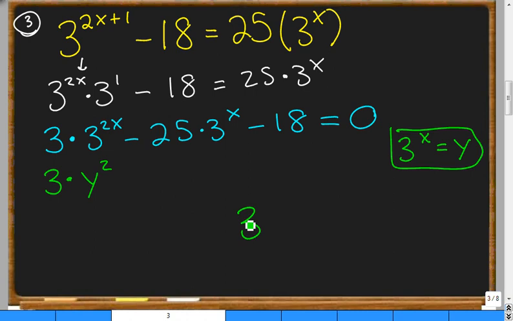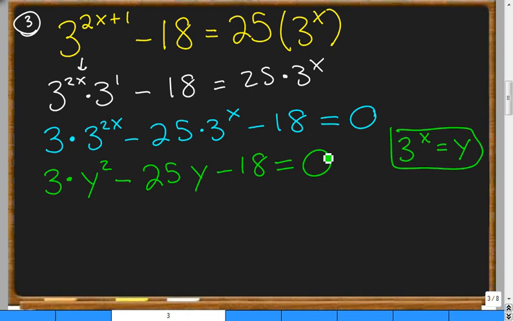Again, 3 to the x squared is 3 to the 2x, so since this is y, it follows that y squared is 3 to the 2x. That's the move you have to make in this problem. And then minus 25, since 3 to the x is y, this would be y, and then minus 18 equals 0.